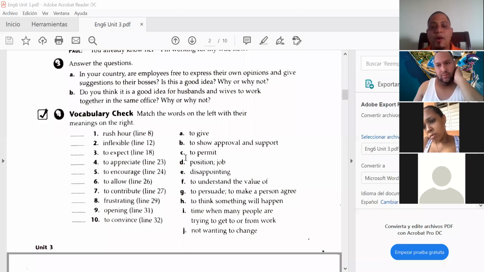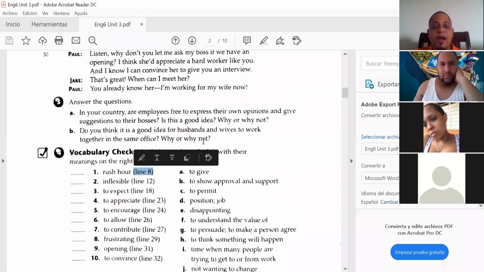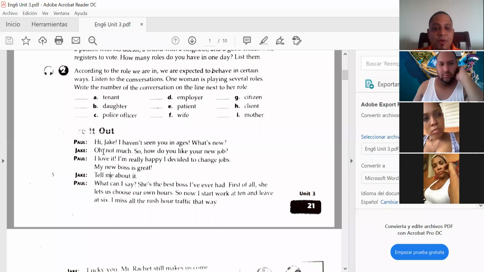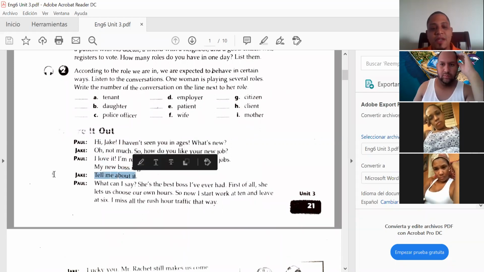Rush hour. It says that rush hour is on line 8. Let me go up to line number 8. As you can see here, it has lines, right? If you count, look, 1, 2, 3, 4, 5. That's line number 5 to guide you.